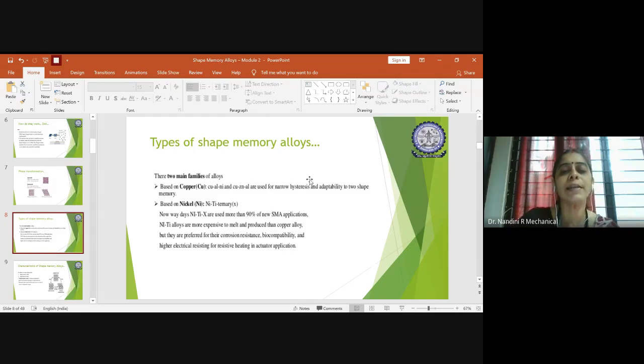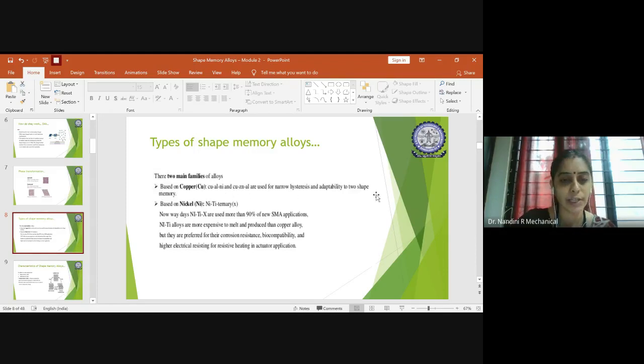Similarly here, for heating and cooling you will have a very narrow hysteresis loop, and this loop shows you the adaptability to store the memory. How was the structure at heating and how was the structure at cooling? So both these materials showed a good narrow hysteresis loop, with the capability of having the memory capacity to come back when cooled.